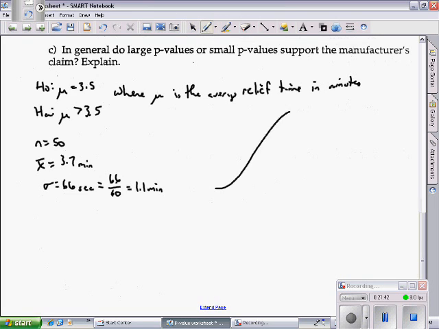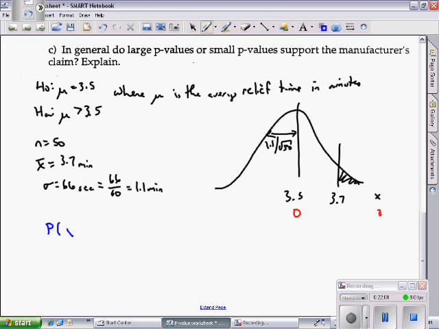Draw me a picture. 3.5, one-sided test, 3.7 up here, and this is 1.1 divided by the square root of 50. Again, when I standardize, that 3.5 is going to become 0. Let's see how that works. This is the probability X bar is greater than or equal to 3.7. So that Z is greater than or equal to 3.7 minus the mean divided by the standard error of the mean.